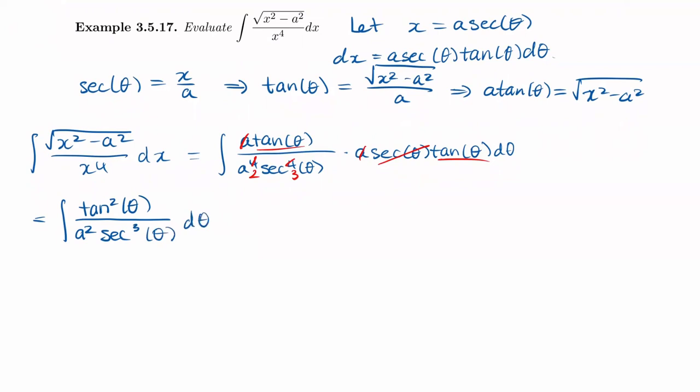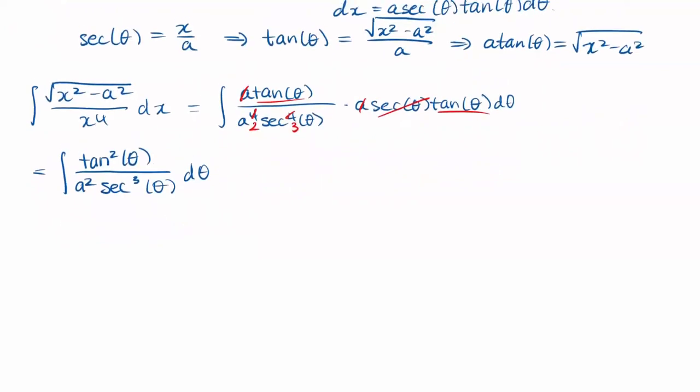All right. What we can now do is rewrite the tan as sine over cos, squared, and rewrite the secant as one over cos. So bringing the 1 divided by a squared out, we have sine squared theta divided by cos squared theta, multiplied by cos cubed theta, all this d theta.